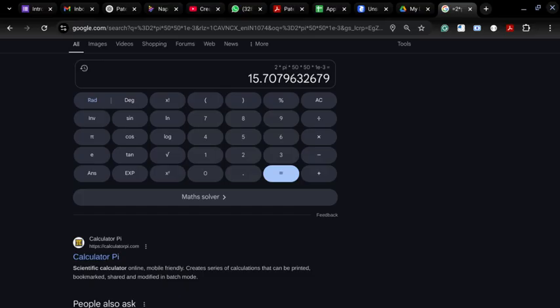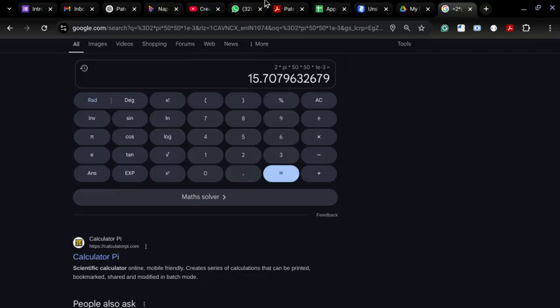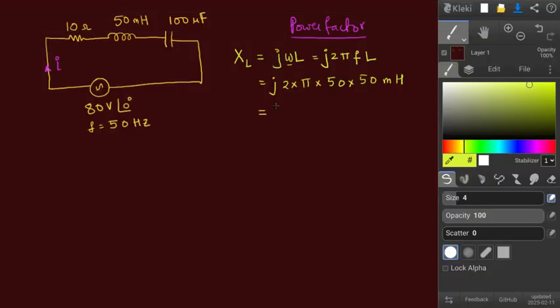So you get 15.7. You understood this step. J also will be there, so that is XL. What is XC? It is 1 by j omega C. This is the formula for XC.